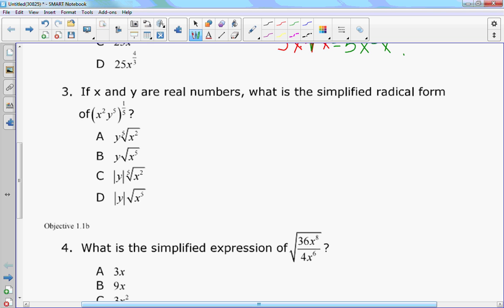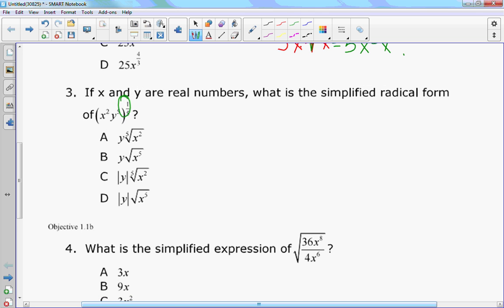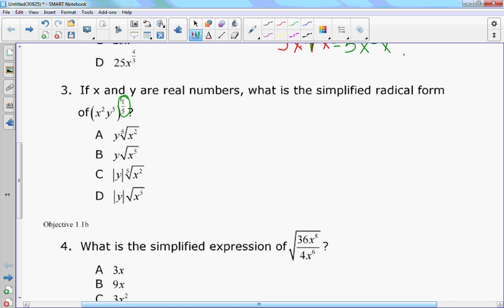In my opinion, the quick way would be to change the 1/5 first. What does the 1/5 exponent represent? Okay, it's a fractional exponent. Look at the denominator. What does that 5 represent? We just did 2 problems like this.